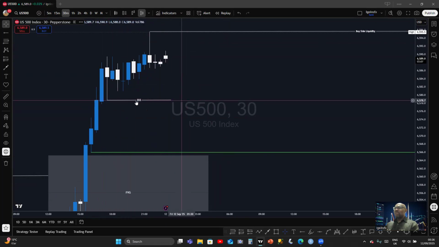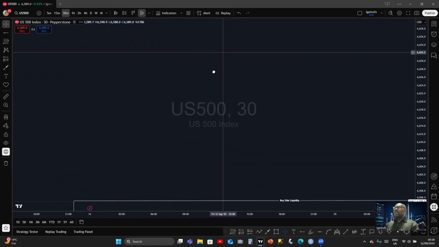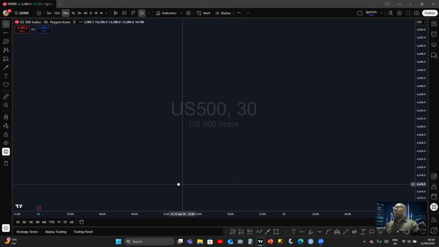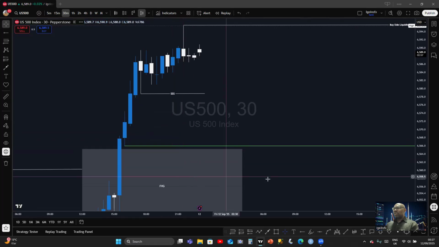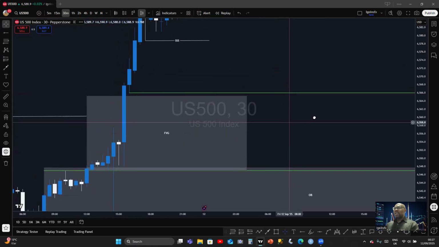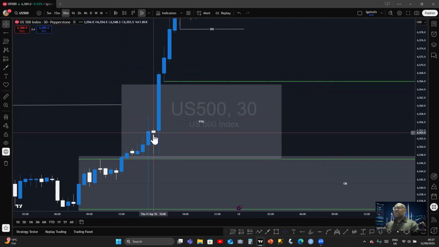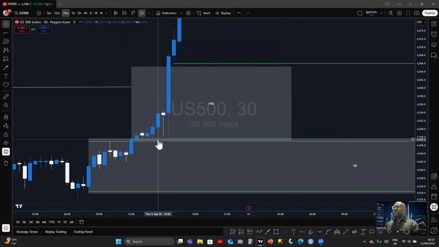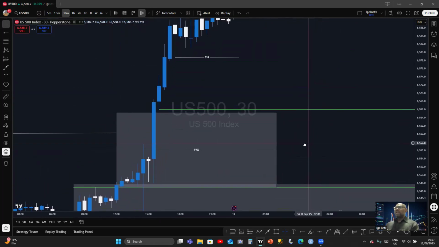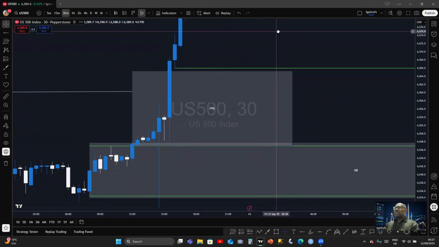So this very point here is what we tag as liquidity that price will grab before it starts pushing to the downside. You can see this is another block here. Do you understand? So this is how it is.